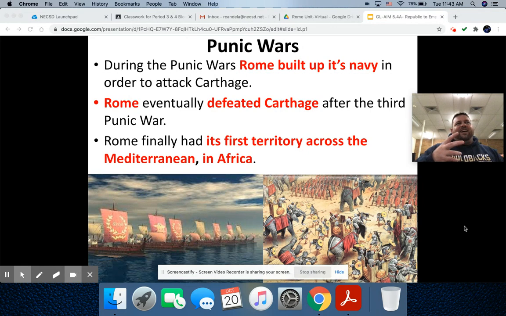I always chuckle at this lesson because I put myself in the shoes of a Roman soldier crossing the Mediterranean to go to war with Carthage, landing on the beaches and starting to march. And then once they meet on the battlefield, they see elephants. I think that must have been pretty shocking to a lot of the Roman soldiers that were privy to this particular event in human history. Pretty crazy, right? War elephants.